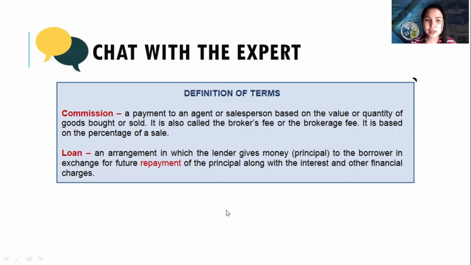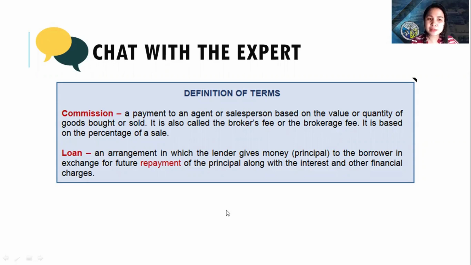Then you might ask the seller, the one from whom you bought the puto, how much is my commission? And the seller will say, your commission is 1 peso per puto. So if you sell 20 putos in a day, then you will have 20 pesos for your commission. So commission can be based on the quantity of goods being bought or sold.